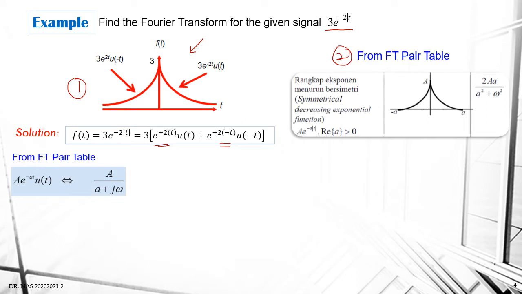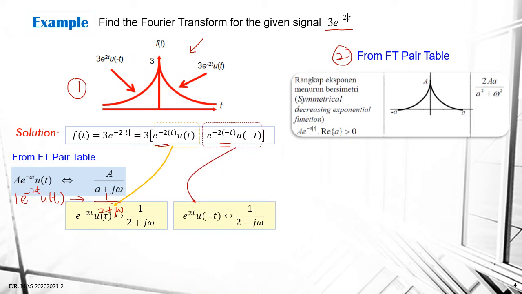From the table, if you have a single component A e^(-at) u(t), compare with the given equation. For example, the first one you have 1 e^(-2t) u(t). So you know that your small a is 2 and the capital A is 1. So it becomes 1 over (2 + j omega). Same goes to the other component.